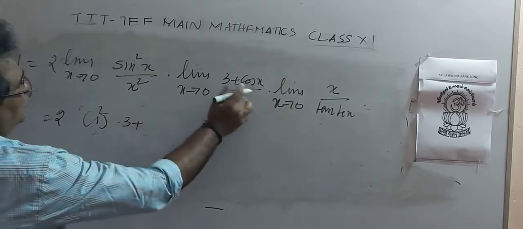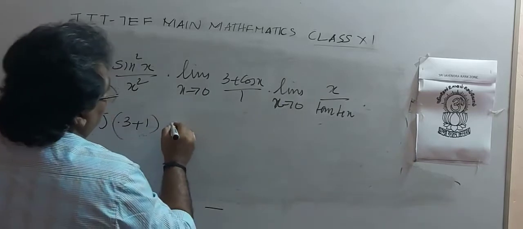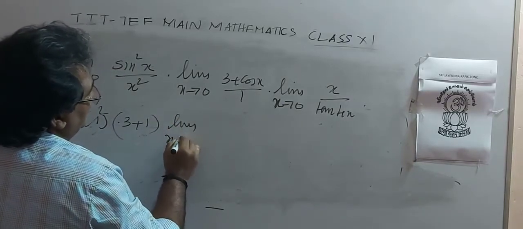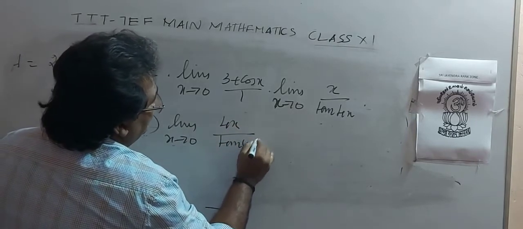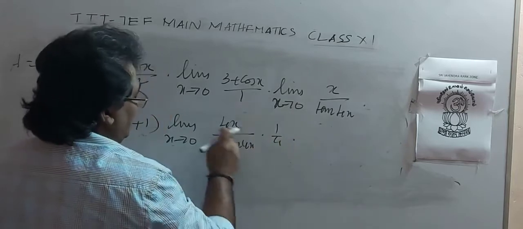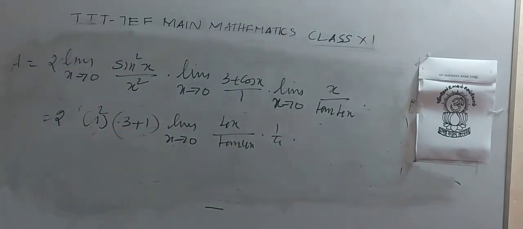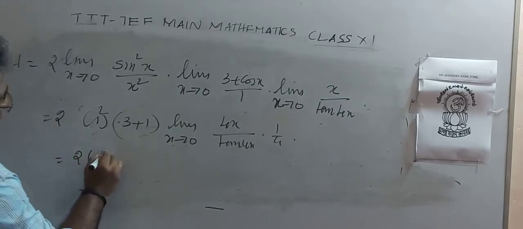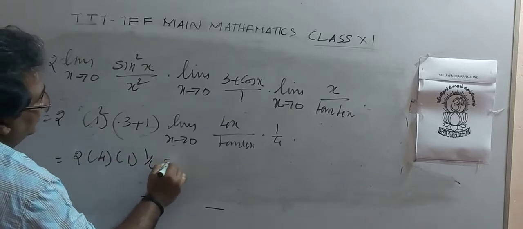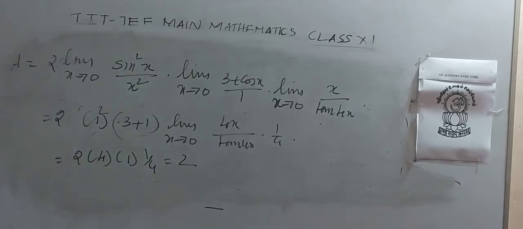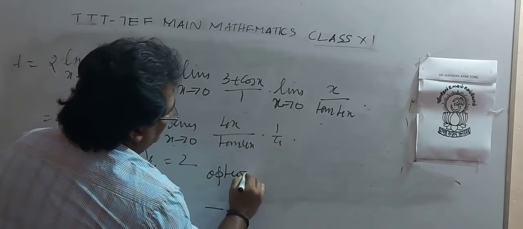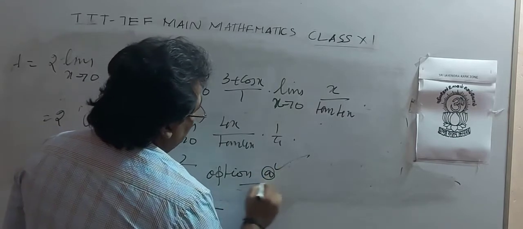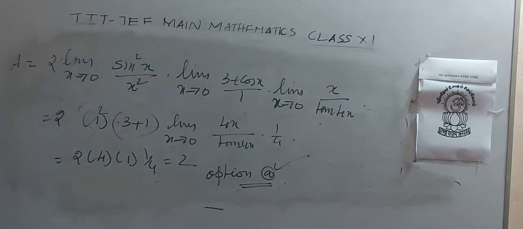Here 3 plus cos 0 equal to 4. Limit x tends to 0 4x by tan 4x by 1, multiplying and dividing by 4, gives 2 into 4 into 1 into 1 by 4, that is 2. Option A is correct.